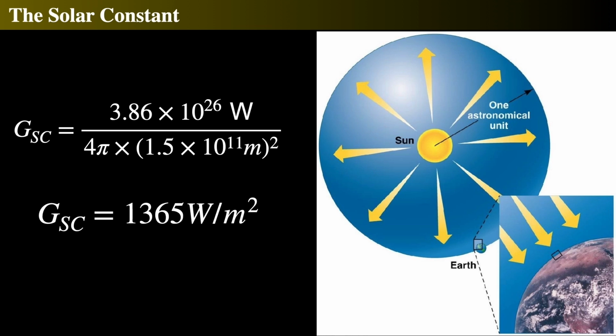The Earth just intersects a tiny fraction of all of that output. What we call that wattage per square meter at the surface of the Earth is the solar constant. It's an amazing amount of energy if you really think about it.